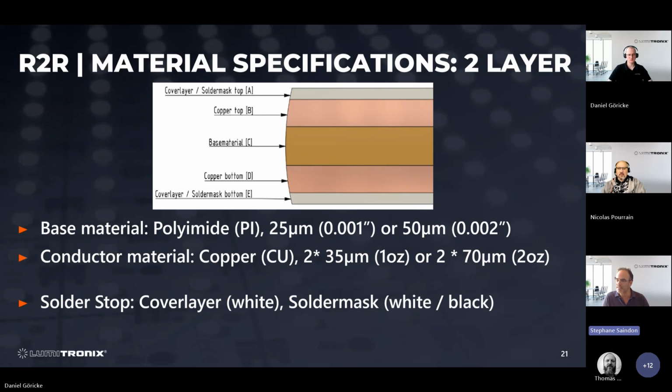It's the same as one layer, 25 or 50 micron polyimide, very often 25 micron when we go double layer, and we use twice 35 micron and twice 70 micron. I think usually it's 70 micron with some deposit on it, but we do not have the option of using 105 microns at this point in time. So that would be for two layers.